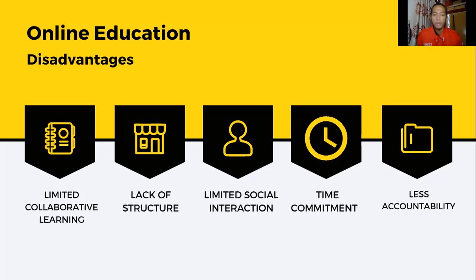And next is less accountability. In offline school, you have informal feedback after the grades are given.